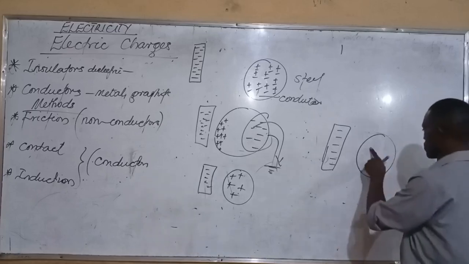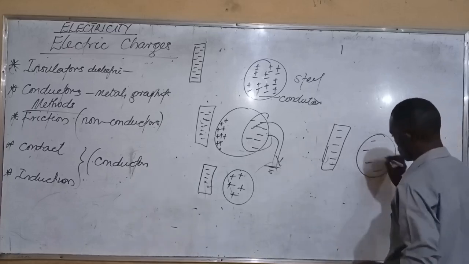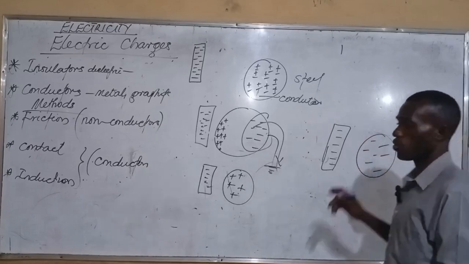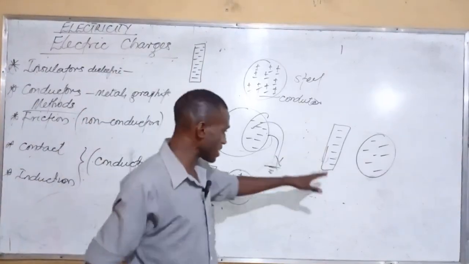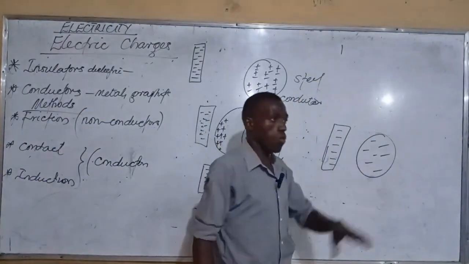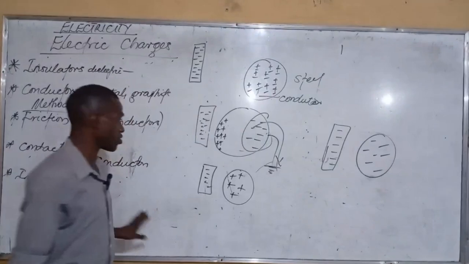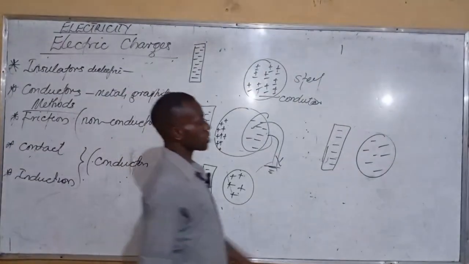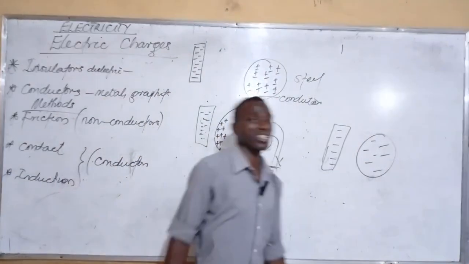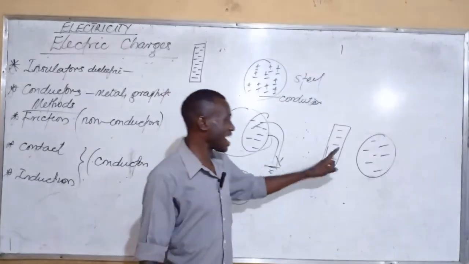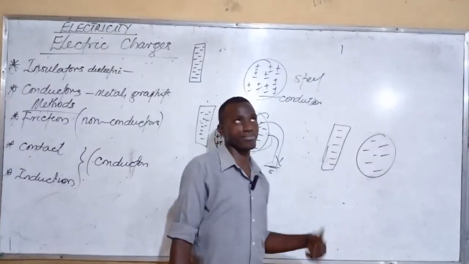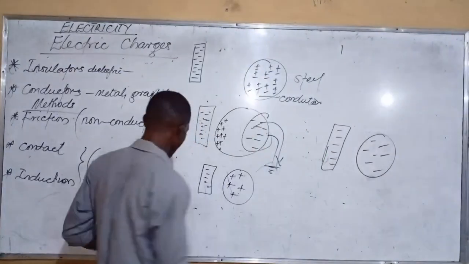Once it touches, the negative charges, the electrons, basically flow to the uncharged body. One difference between contact charging and inductive charging is that with contact charging, the body to be charged gets the same polarity as the charging body, the charger.